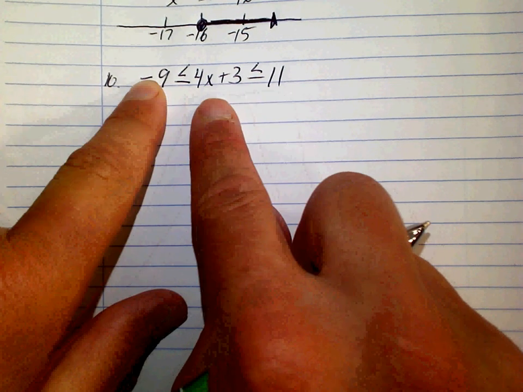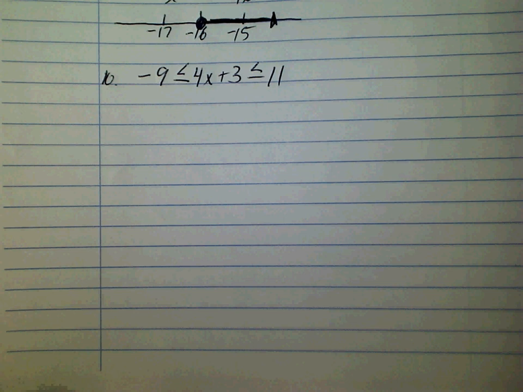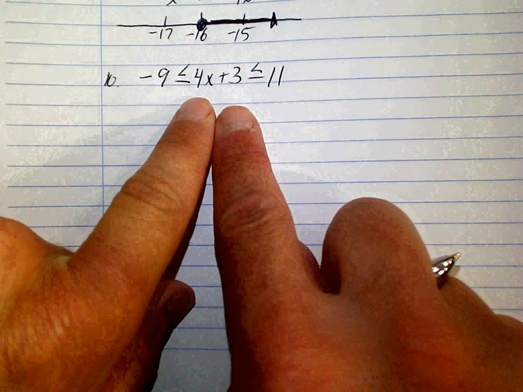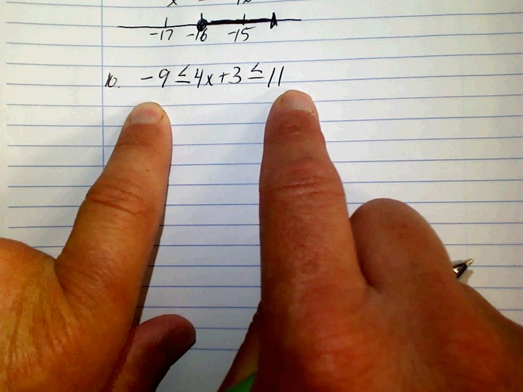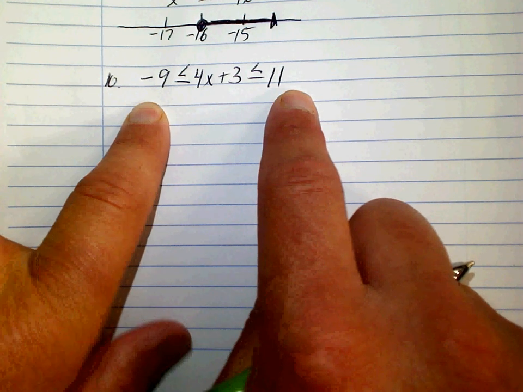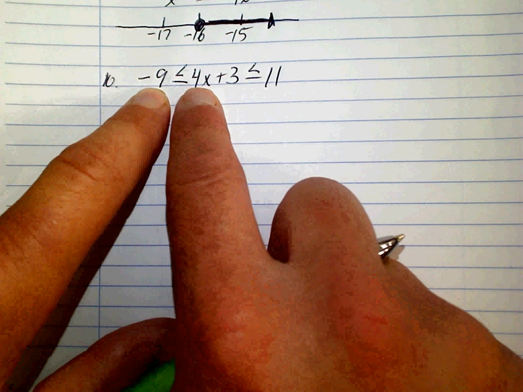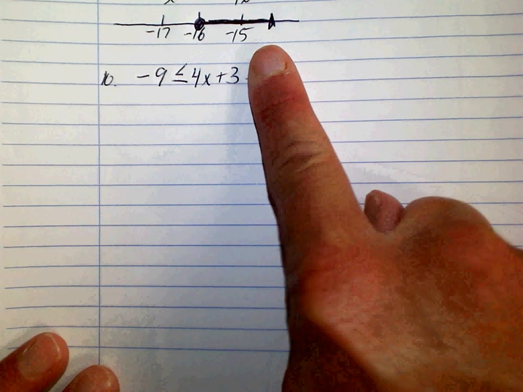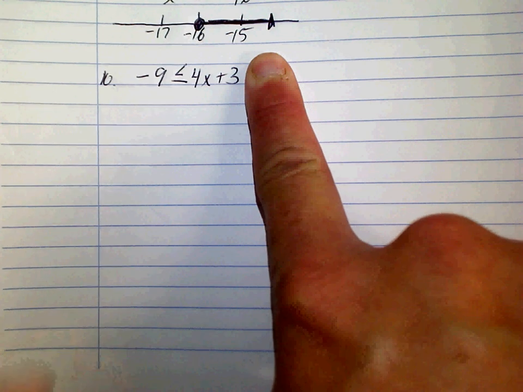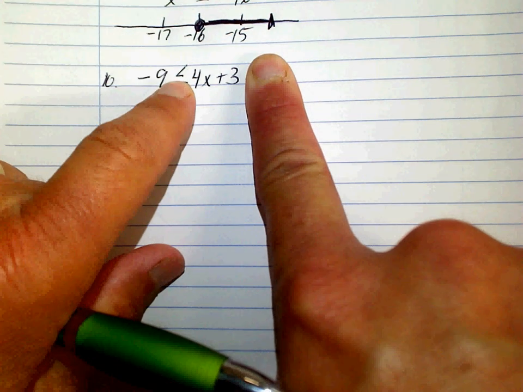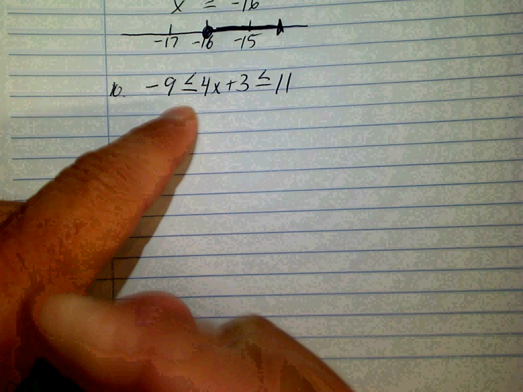And the trick is you solve both sides. But y'all probably have seen that before. I got to solve this inequality. So imagine that what I've covered up with my finger is not even there. I got to solve this first less than or equal to side. And if I was to cover this up, I would solve this side.